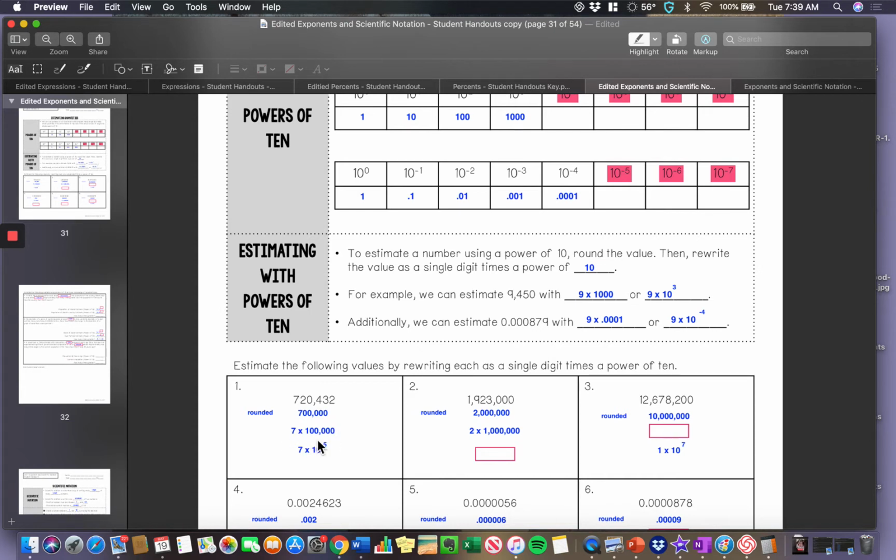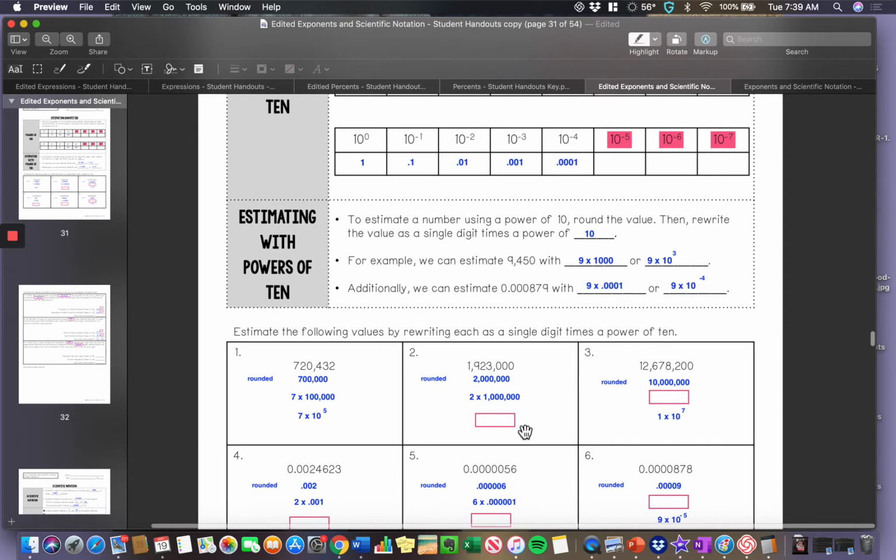So we can write it like this, which was our first example right up here, as 7 times 100,000, which is going to give me 700,000. Or I can write it like this, as 7 times 10 to the fifth. So this second row right here should all look the same. So it's going to have your target number times either 1,000, or 1,000,000, or so forth.